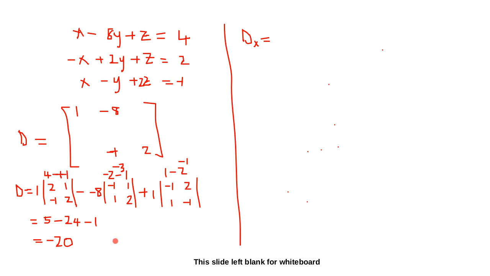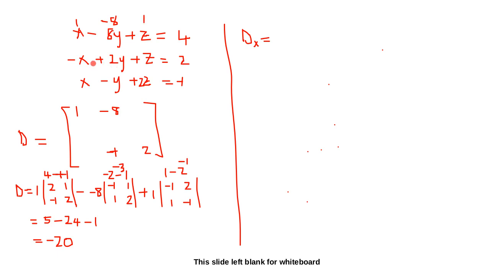Rita is asking where we are getting -8. Now, if you look at our equation, if we rewrite it in a matrix form, the value of x here is 1. The value of y here is -8. The value of z there is 1.